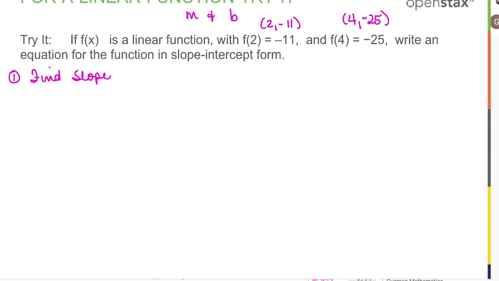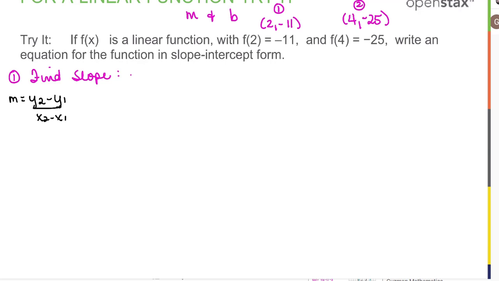They were just written in function notation, so point 1, point 2. Slope is y2 minus y1 over x2 minus x1.